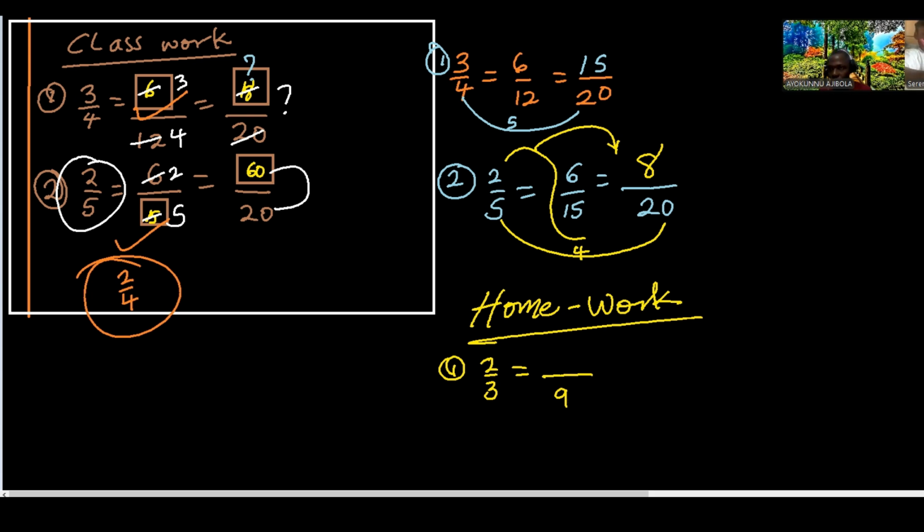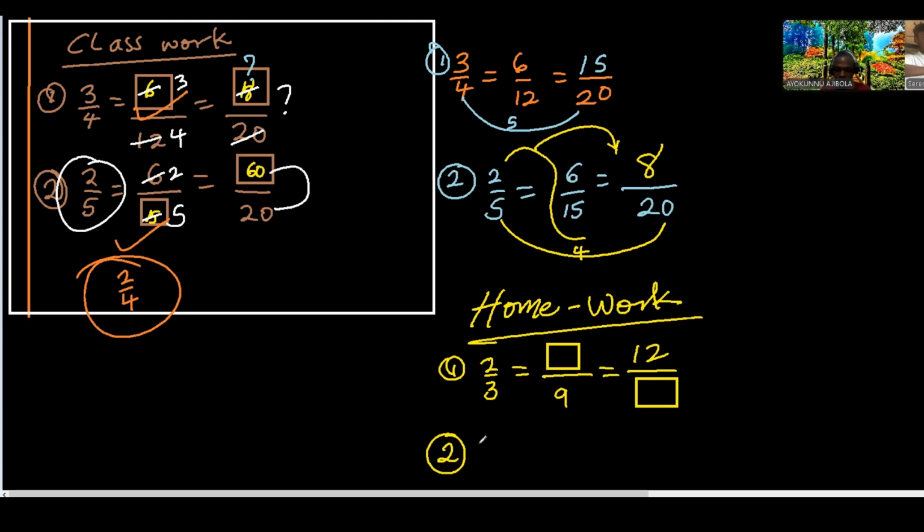Yeah, 2 over 3 is something over 9. And that is also 12 over something. Are you going to write it down and take a picture of it and then send it to my mom? Yes, I'm going to send the classwork to your mom, okay? Thank you. So this is 12 over something. That's number one.